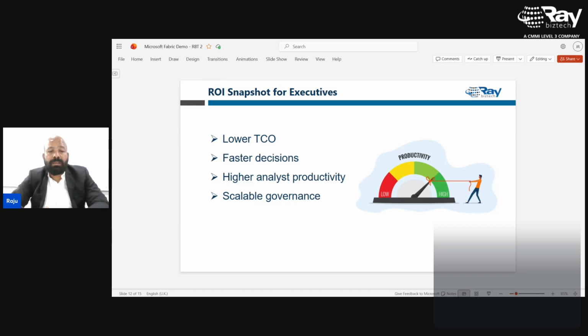And higher analyst productivity: earlier, analysts used to spend most of their time preparing the data. Now, instead, they will concentrate on insights to action. And as more teams join, the governance will be simplified.